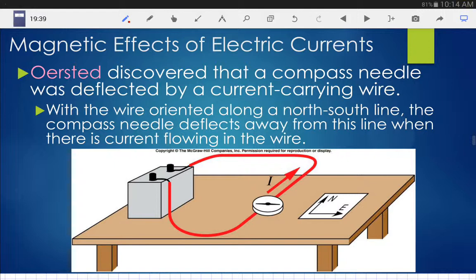So I've got to connect my power supply here. The wire's running over by a compass. And then he turns on the power, and he saw the compass rotate when he turned on the power.